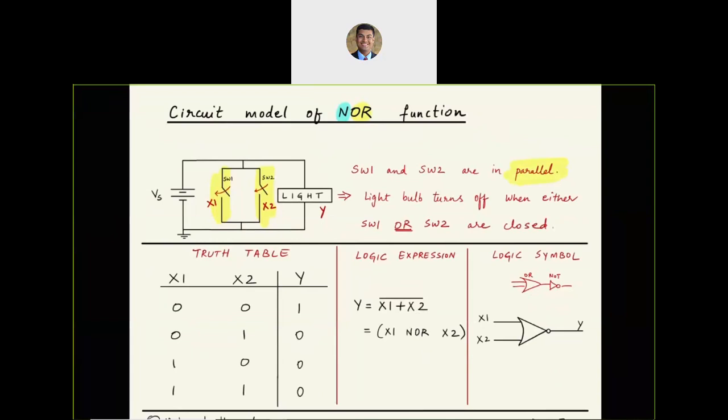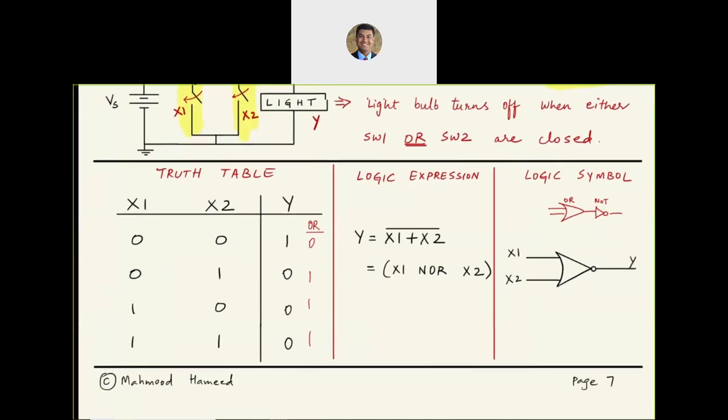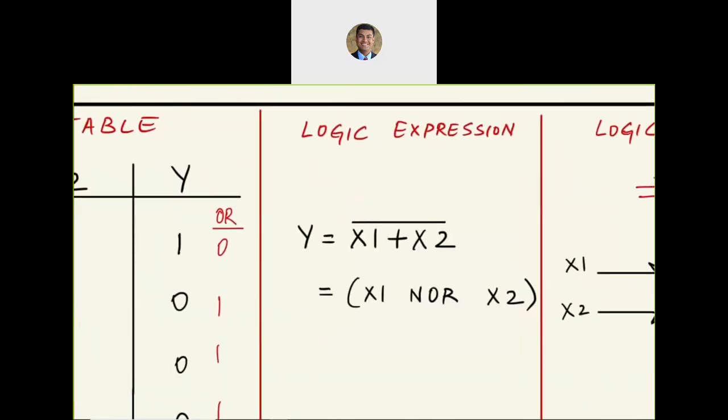The truth table is exactly the opposite of OR. So earlier we had 0, 1, 1, 1, that was for OR. In this case, we now have 1 0 0 0 for NOR. Logic expression, this is going to be OR, and a bar over that is going to make it NOR.